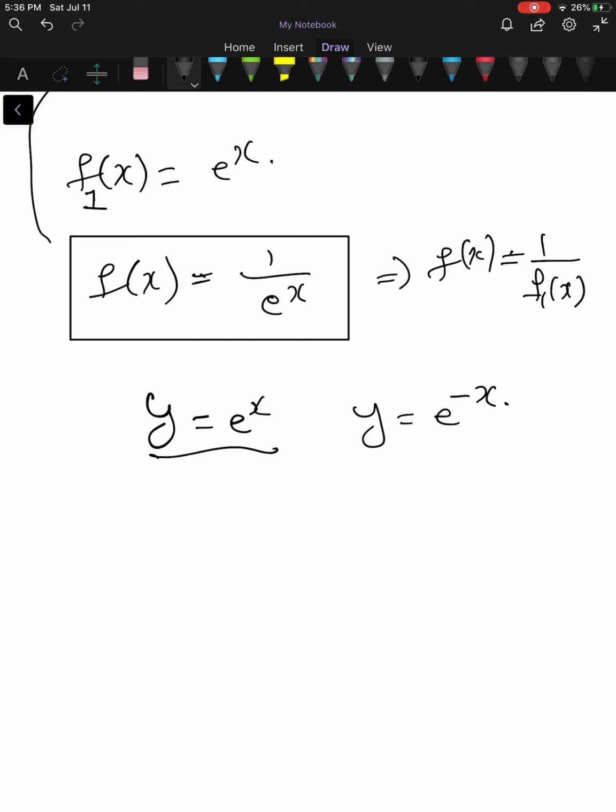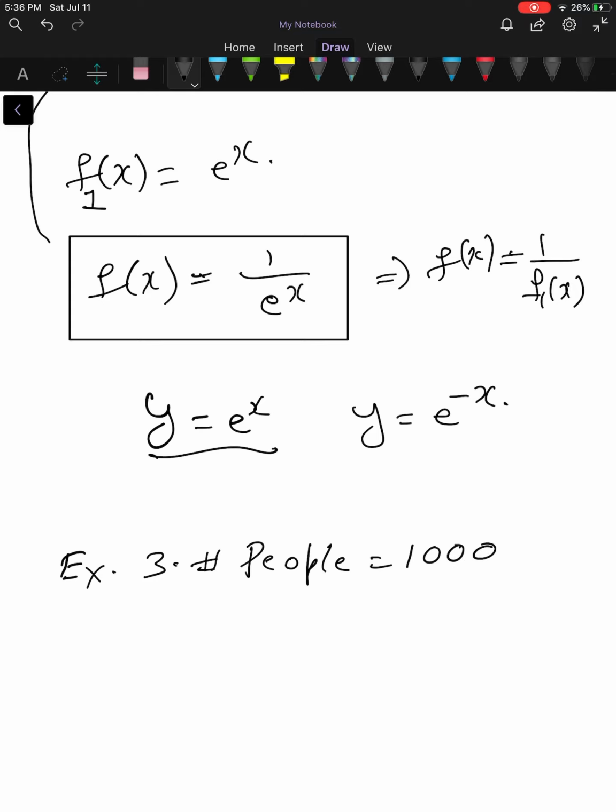If an infectious disease begins to spread in a small city with a population of 10,000 people, this is example 3 in your book itself.